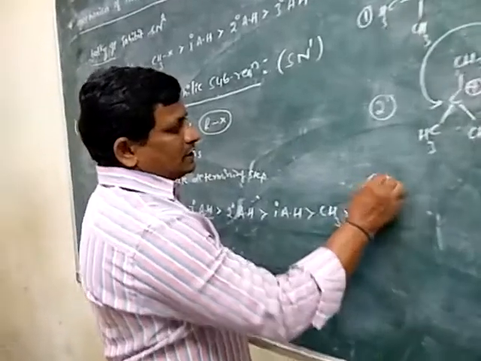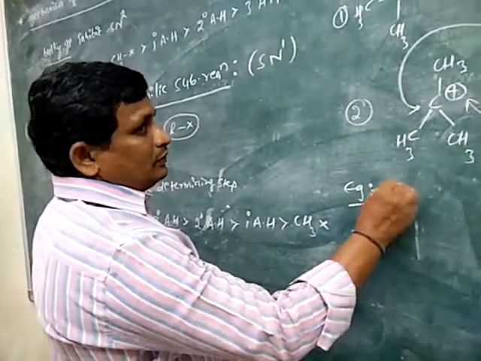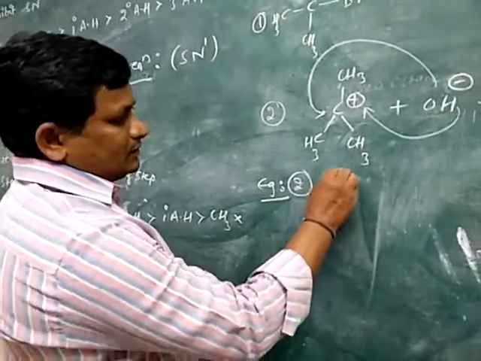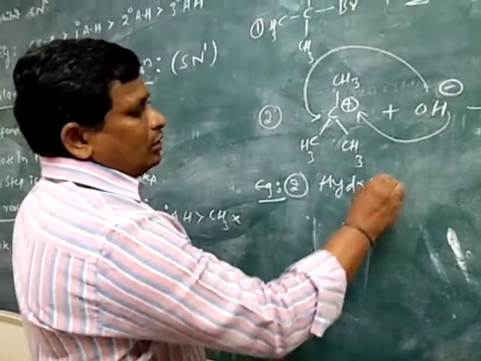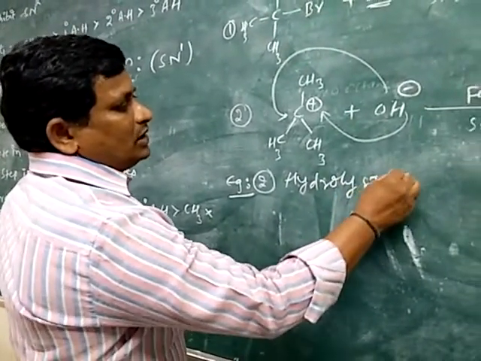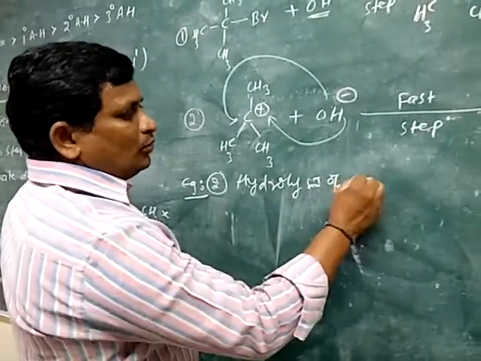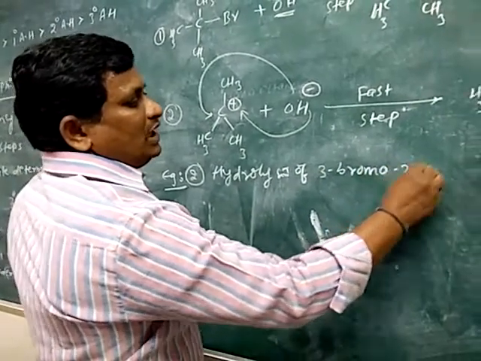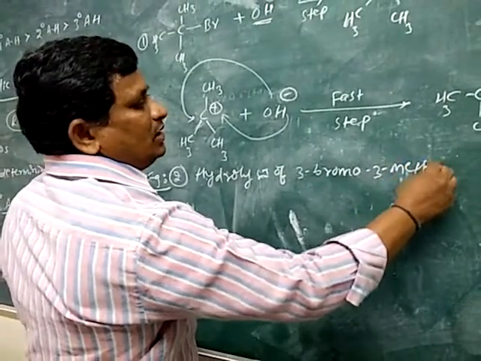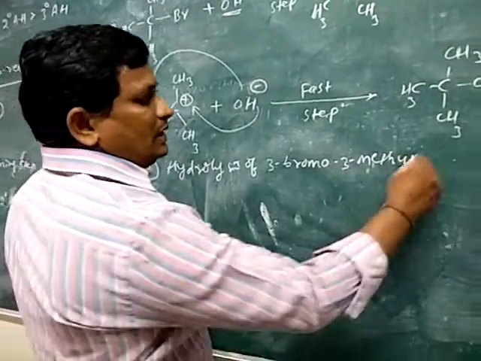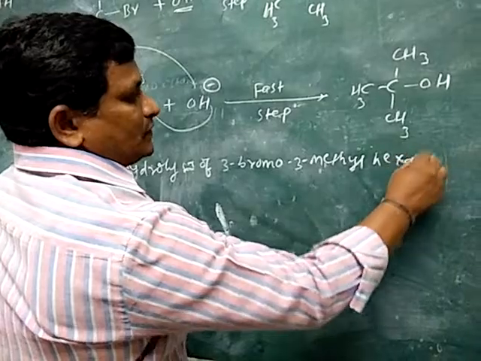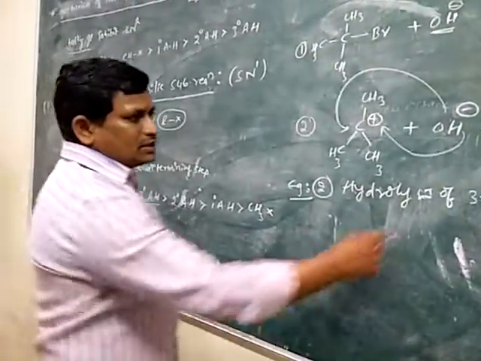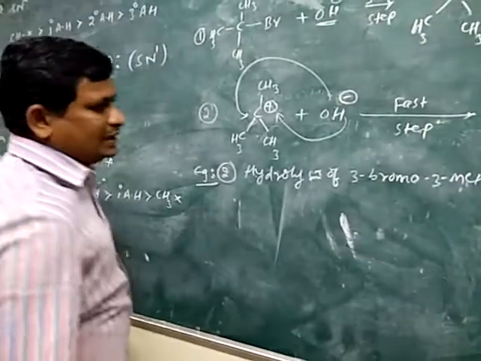The second example of nucleophilic substitution reactions is hydrolysis of 3-bromo-3-methylhexane.